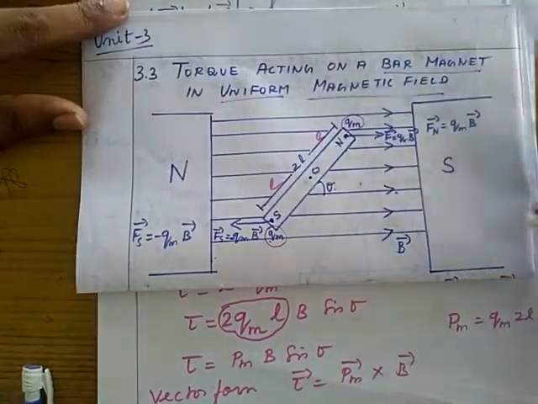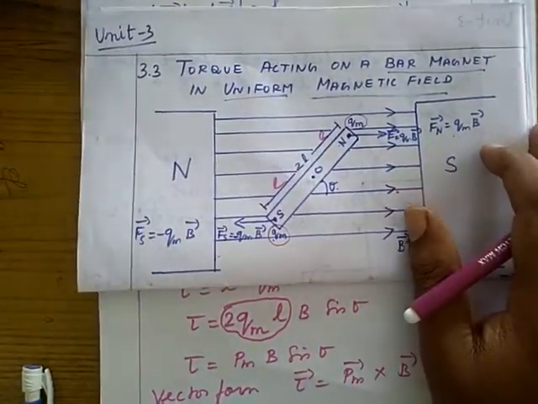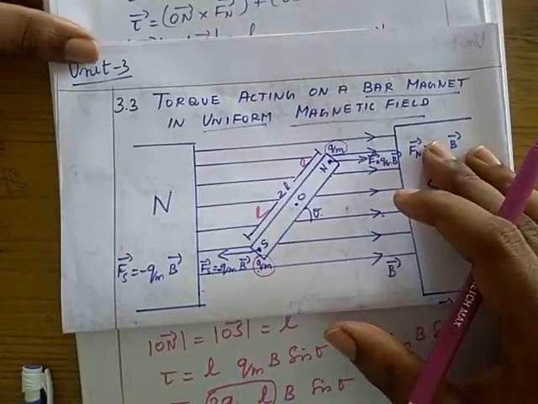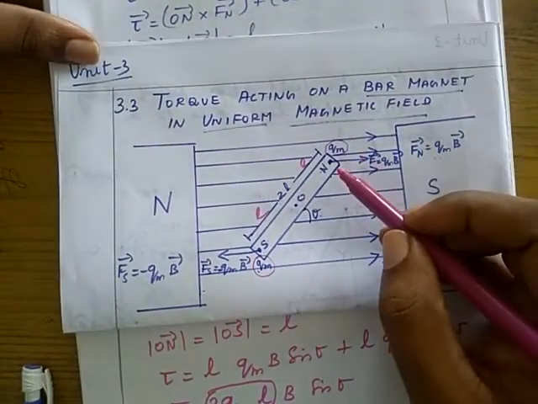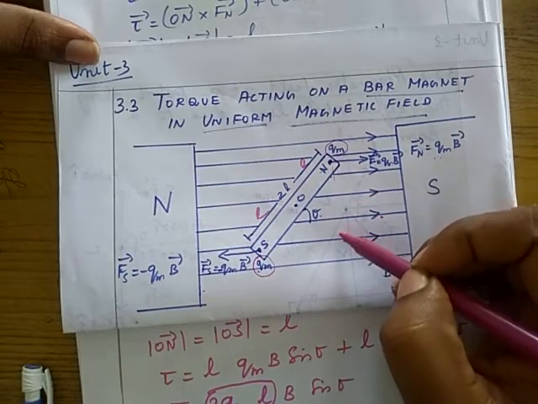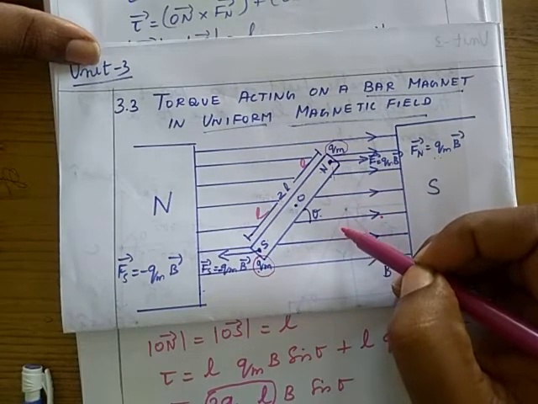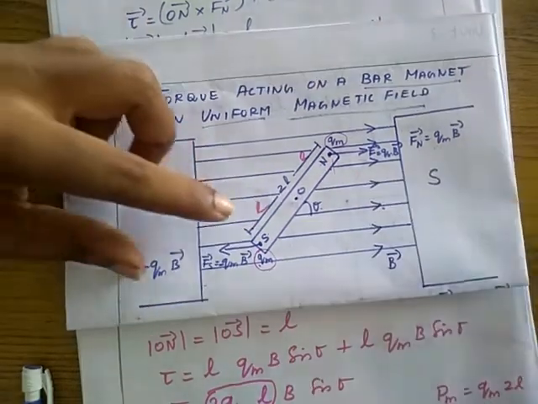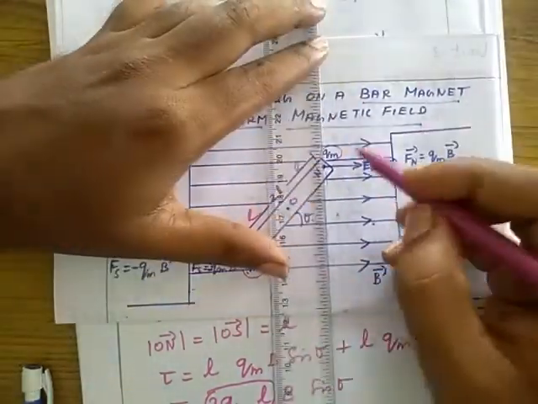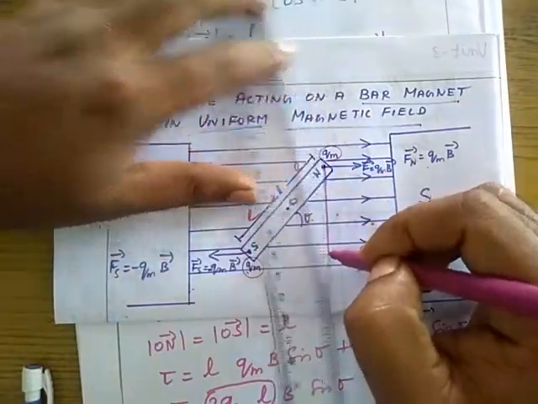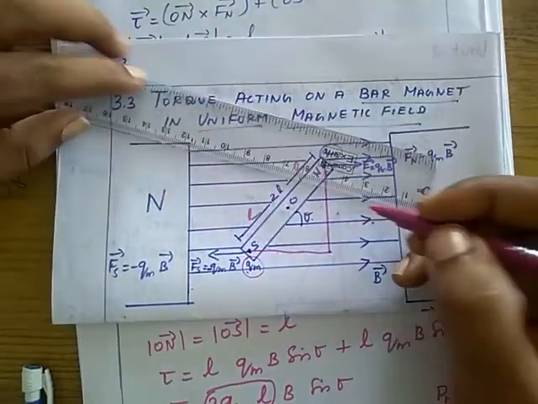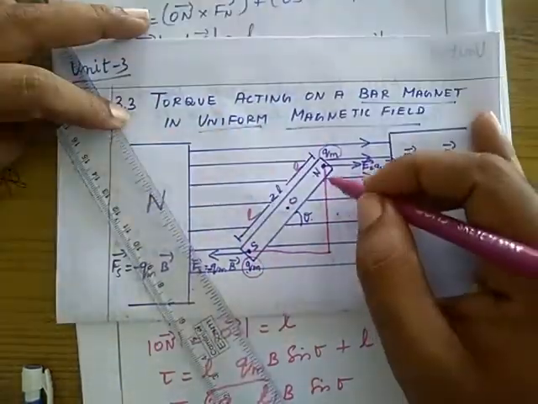Listen, we know very well torque can be stated as the product of one of the forces and the perpendicular distance between the forces. Here I consider a line, here I connect this line, then this distance is the perpendicular distance.